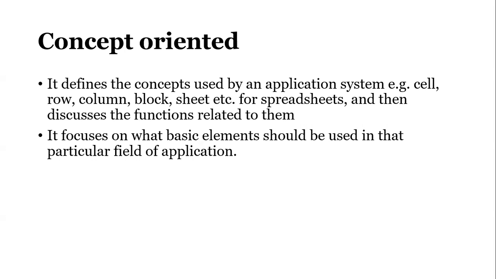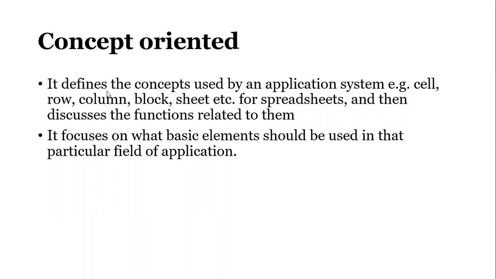So in concept-oriented or concept-based learning, we pick out concepts that exist in a particular subject or topic. Take an example. You look at this example that we see here, where let's say you're teaching Excel as an application, you look at the different concepts that exist.